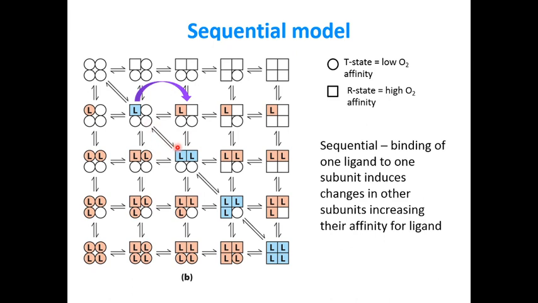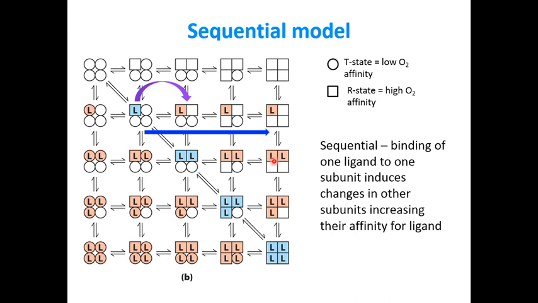Now this can go via this concerted path, or it can go via this path, or it can go via another path. So this is a sequential model. Now, in this case, not all subunits change conformation simultaneously. That's the difference. There are more potential intermediate states in this model, as you can see.